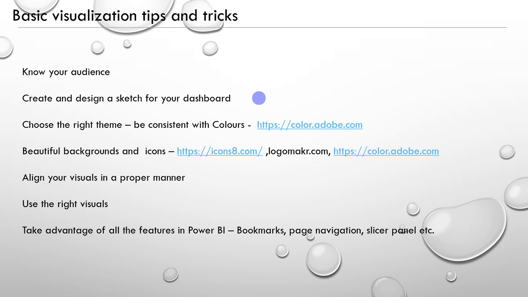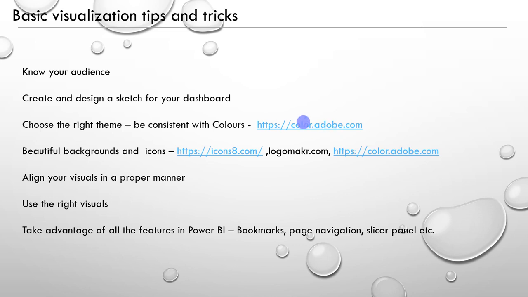The other thing is to choose the right theme. You have to be consistent when it comes to colors. Not that you will use a very light color somewhere and a very dark one elsewhere, so they won't be the same shade, with different kinds of colors here and there. You have to be consistent with colors. It's very important.